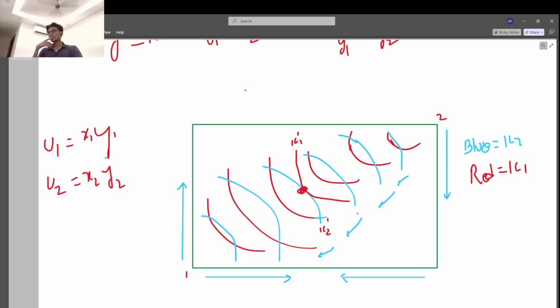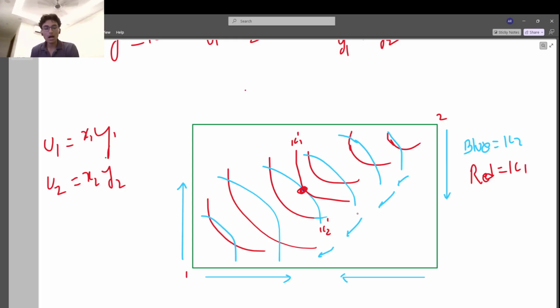So every individual is on their ICs, and this point is a feasible allocation, because x1 plus x2 is less than or equal to 10 and y1 plus y2 is less than or equal to 10 as well. So this is a feasible allocation.